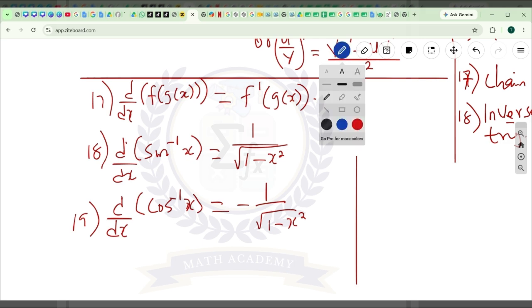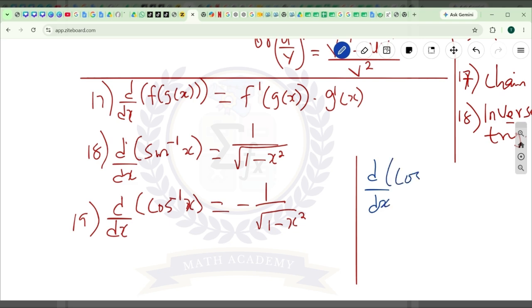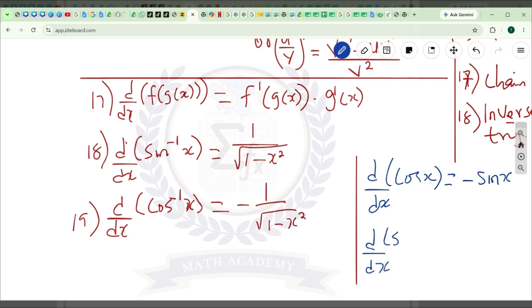If you recall, in one of the formulas, when we differentiated cos x, what we had was negative sine x. And when we differentiated sine x, what we had was cos x. So you can see this is still the same thing.